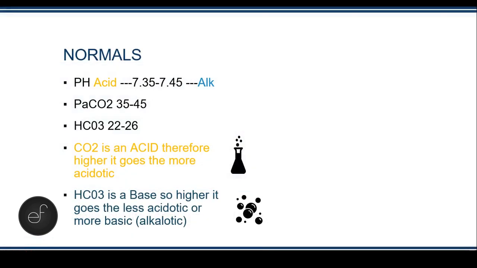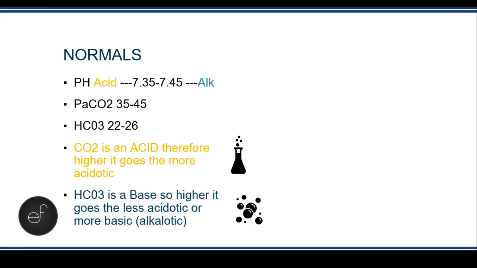So let's talk a little bit about normals. Now, it is imperative that you know the following ranges. Your pH, 7.35 to 7.45, CO2, 35 to 45, and your bicarb 22 to 26. The 35 to 45, 7.35, 7.45 should be easy enough to remember.